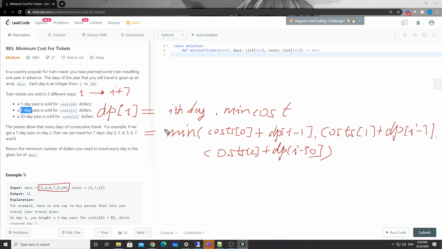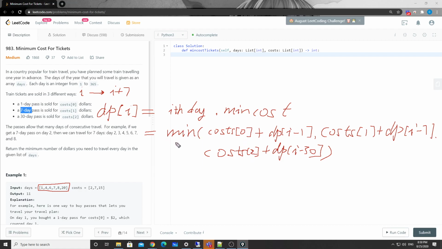Basically, that's the state transition function.